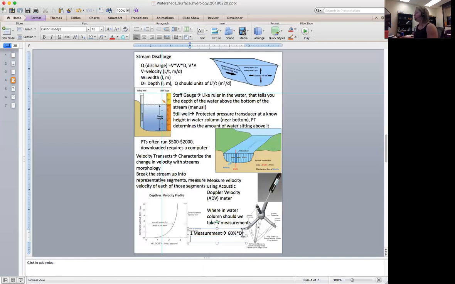If we can have two measurements, then what we actually do is characterize it by taking the average of the velocity at 20% the depth and 80%.